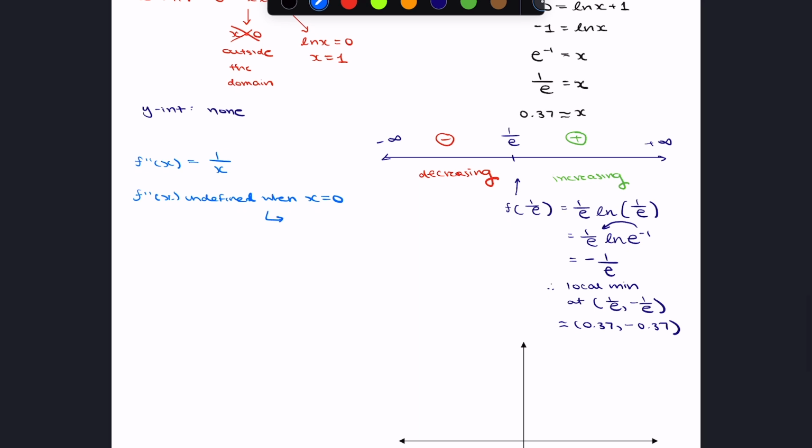Over here, x equal to 0 is out of the domain. Just remember, the domain is x has to be greater than 0. And so here, again, we see that it really only goes from 0 to positive infinity. So there's only one interval.